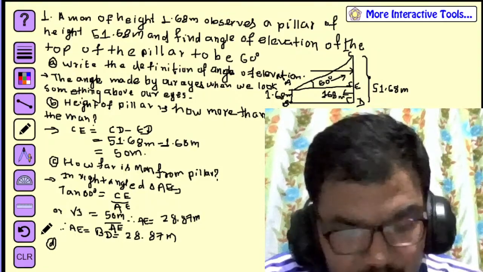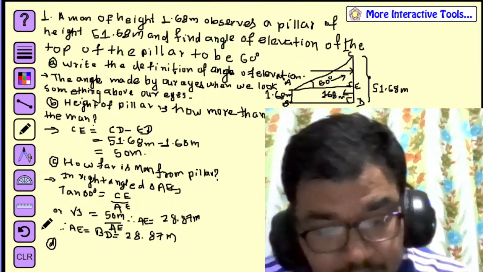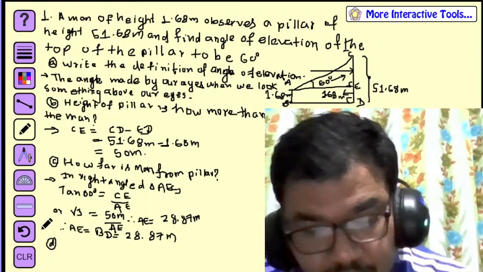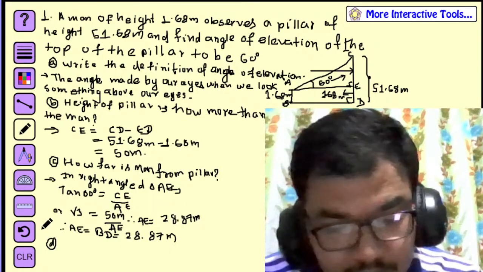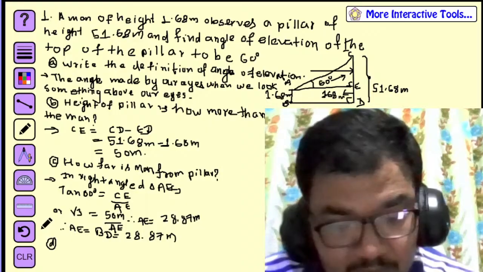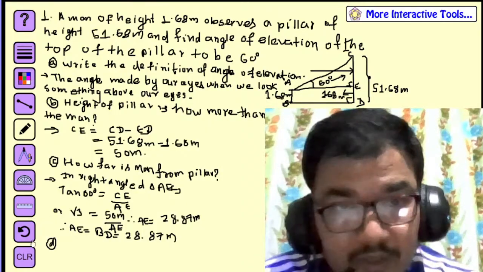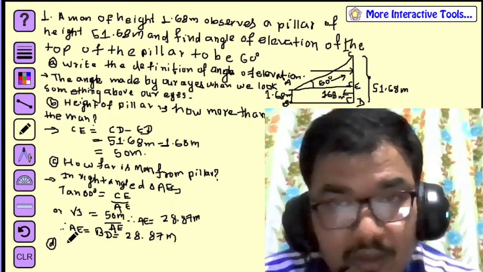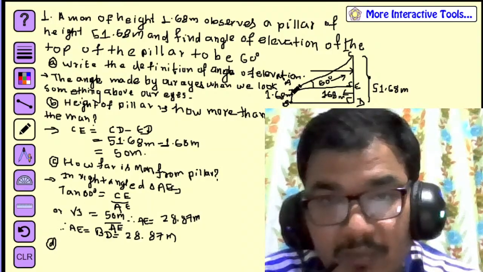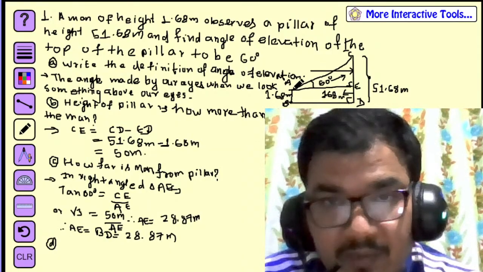And similarly, there is asked next question D also. In this D number, what is asked? What type of effect will be there on this angle of elevation if the distance between the man and the pillar is increased?